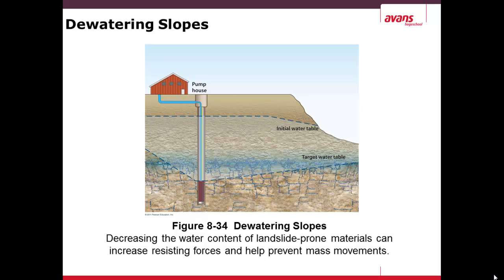Here you see a solution where you have an initial water table, which is the top line, and a well is drilled much further than the water table, and pumps this water out, and this will increase the resisting force along that slope on the right-hand side of the figure, and therefore help prevent mass movements, such as a mudslide, which you saw in the one slide in California.